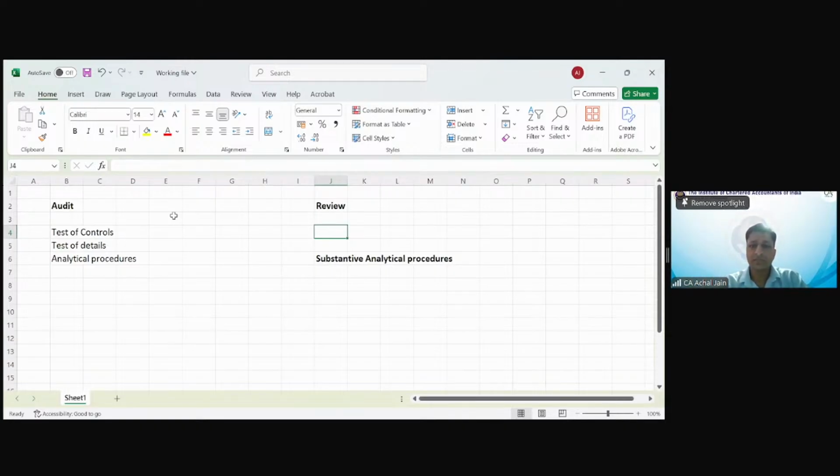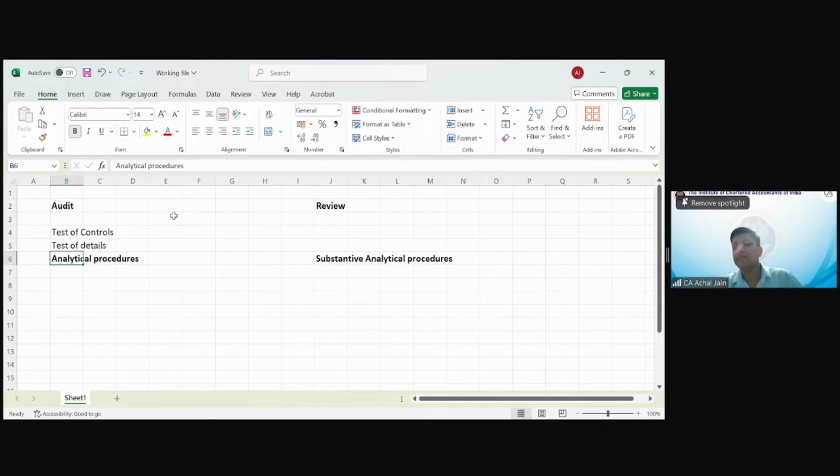So sampling will be covered here. Okay. What else? All right. So let me now change this. What is your understanding of analytical procedures? How do you perform analytical procedures?